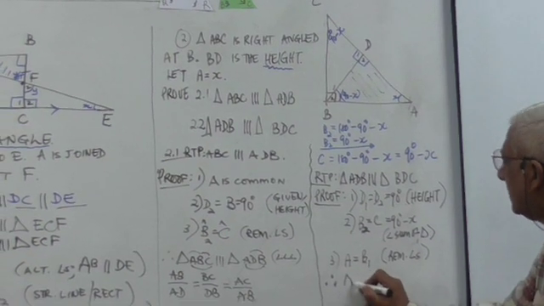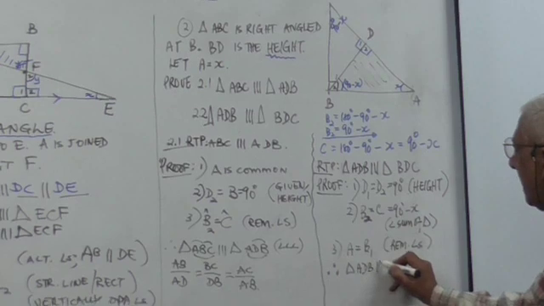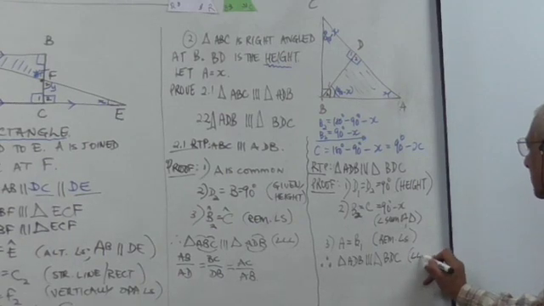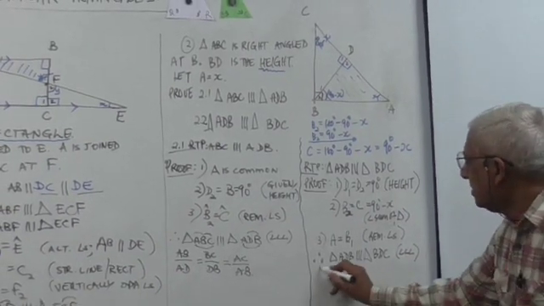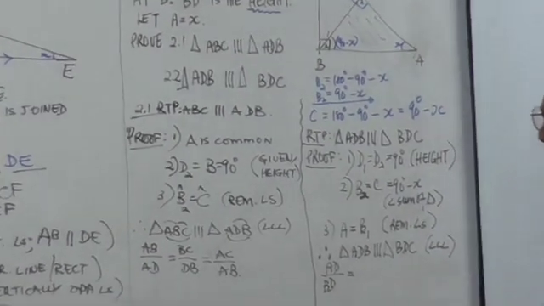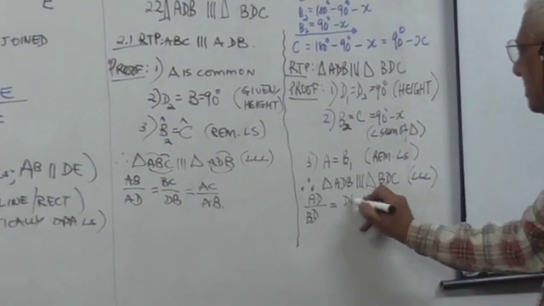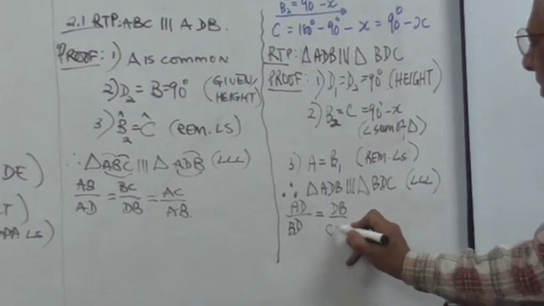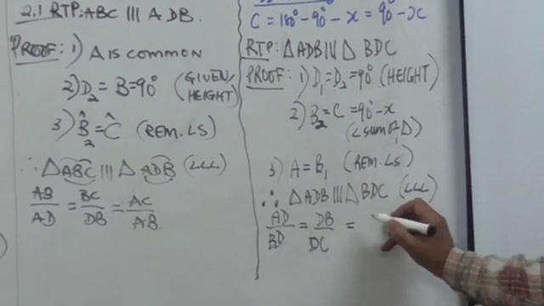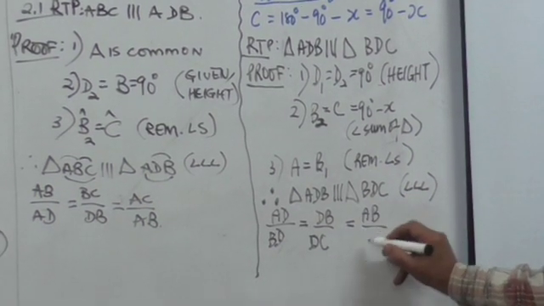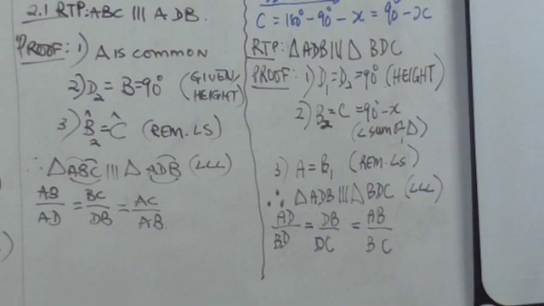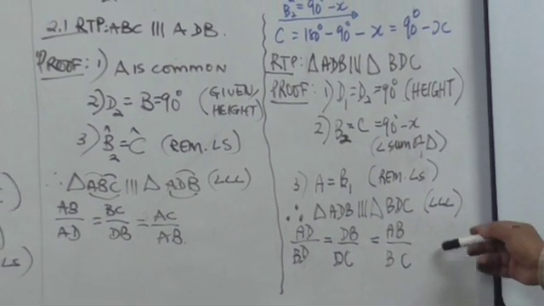Therefore, triangle ADB is similar to triangle BDC. Angle, angle, angle. And now the proportion: first two, AD over BD is equal to second two, DB over DC, is equal to first to last, AB over BC.